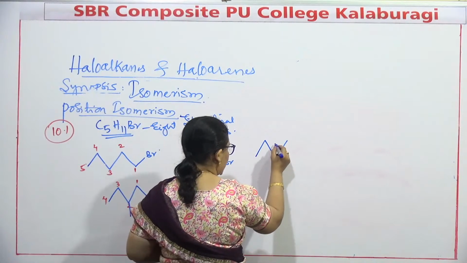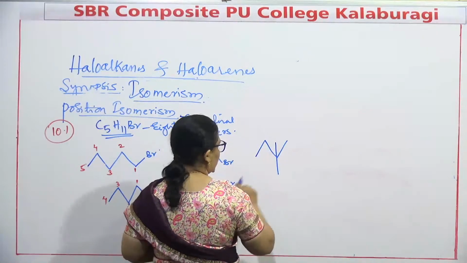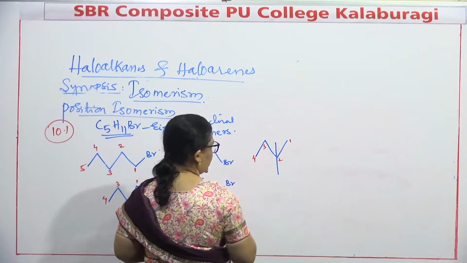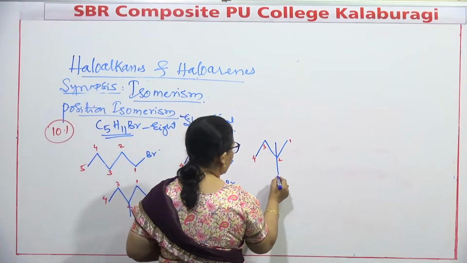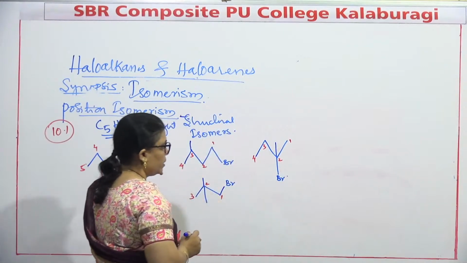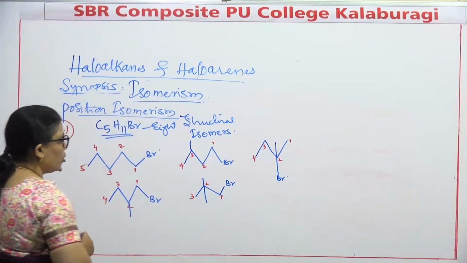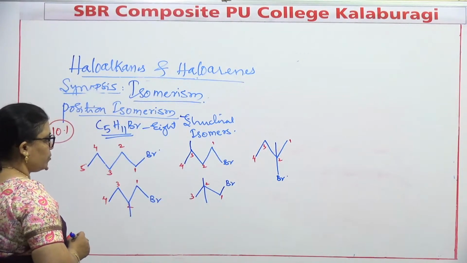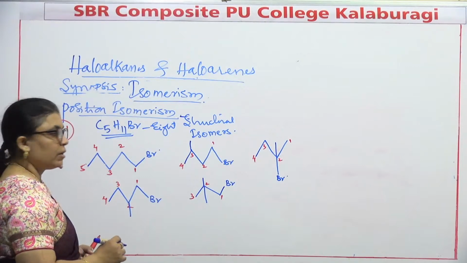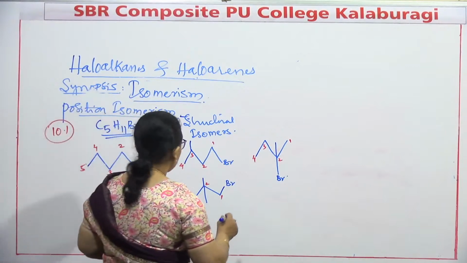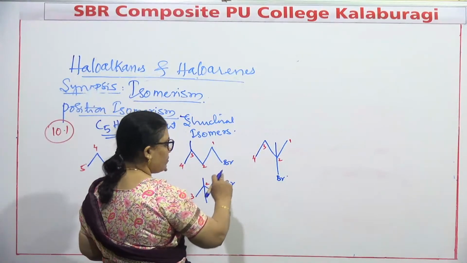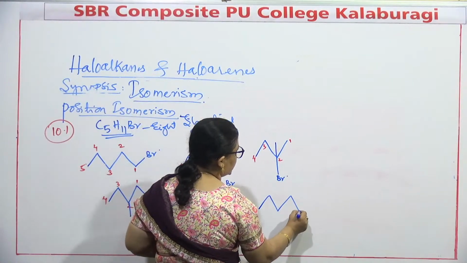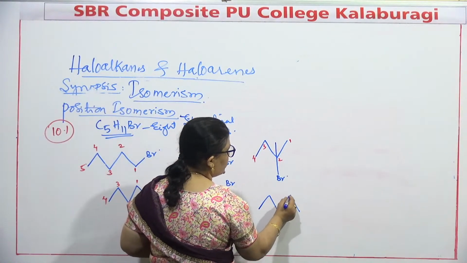At the second carbon atom, methyl and Br, if I am going to take on the same carbon atom, is it possible? 2 bromo, 2 methyl. Yes, it is possible. Another one, we can take the 5 carbon atom chain only, but Br we can link to the second carbon atom. 1, 2, 3, 4, 5.